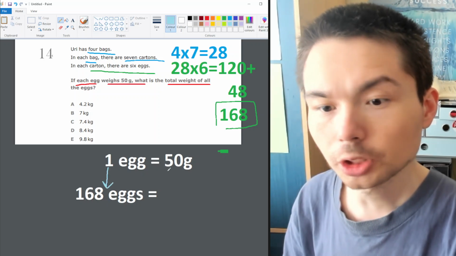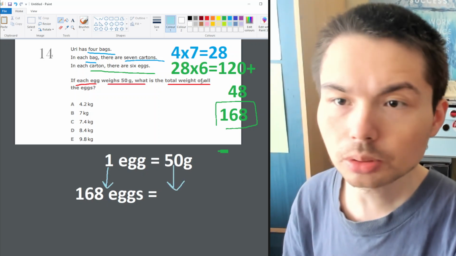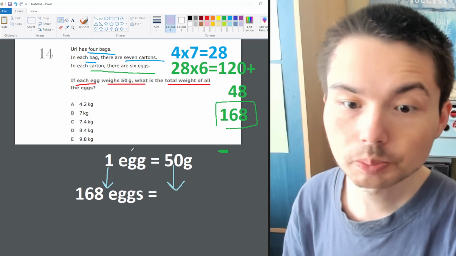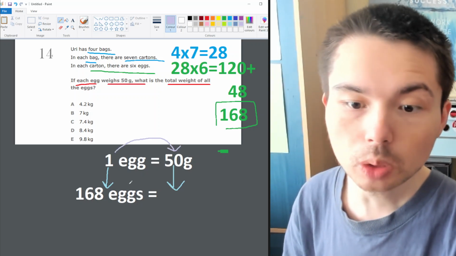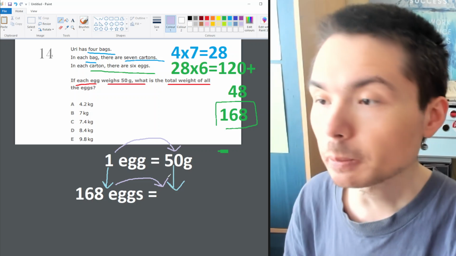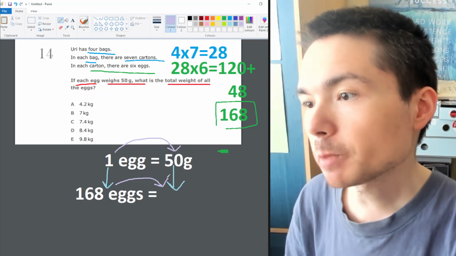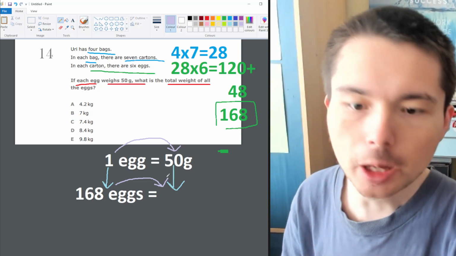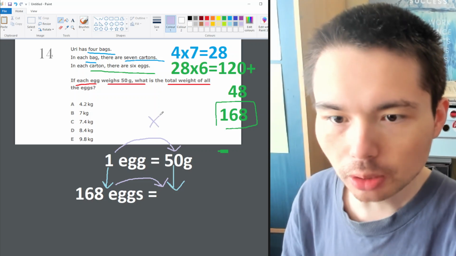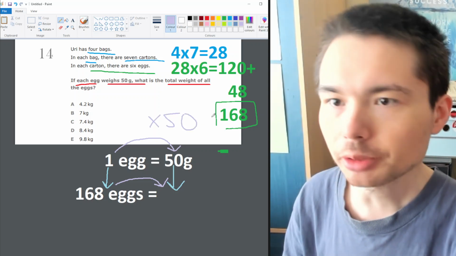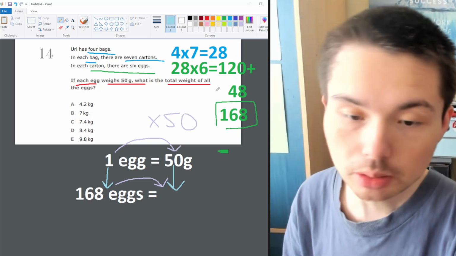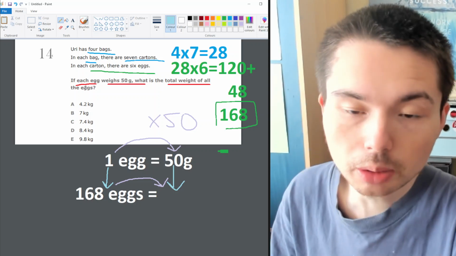You can go down or we can go across. I don't mind. Across. Why not? That purple one looks pretty good to me. Times by 50. Doesn't matter. No, the purple one is times 50. Sorry, I need to be accurate. The blue one is times 168, because we're just going down.